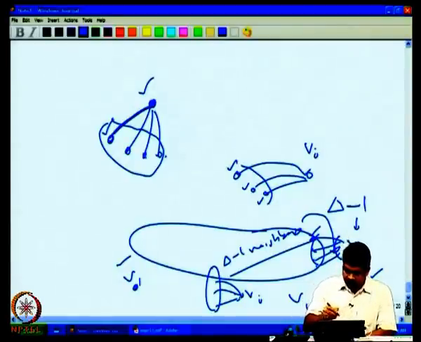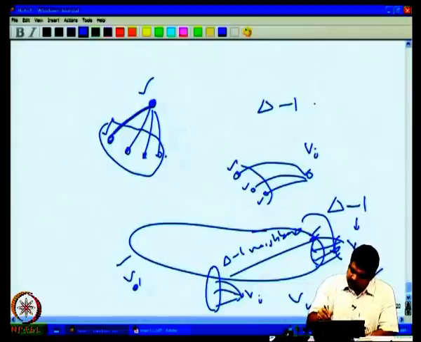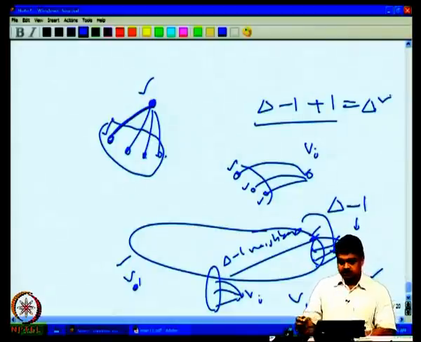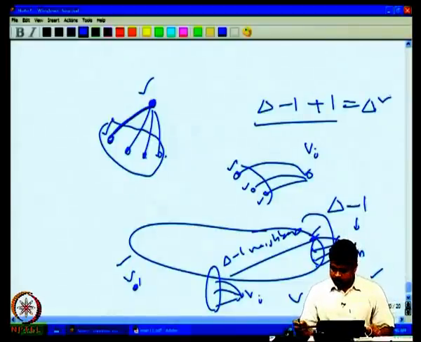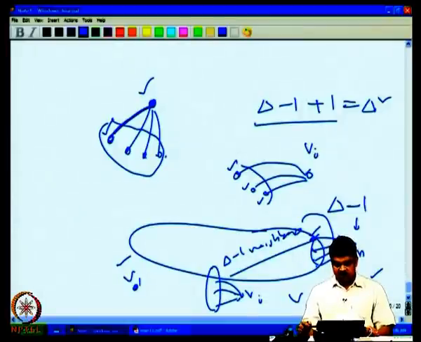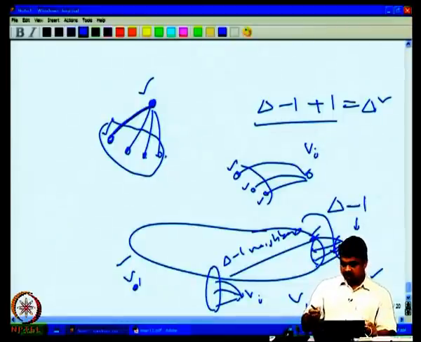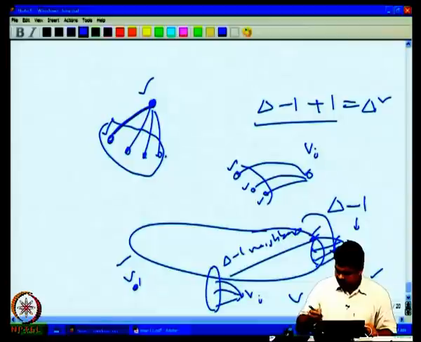So, therefore, we need only delta minus 1 plus 1 colors, which is equal to delta colors. So, this was possible because we assumed that there was a vertex of degree delta minus 1 or less in the graph. That is why we could do that, right.